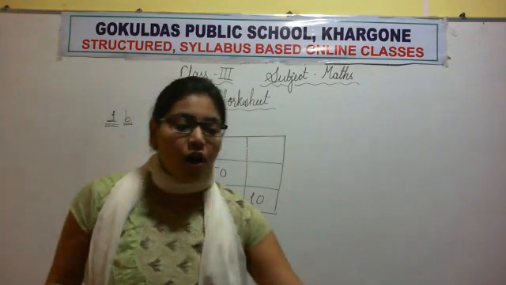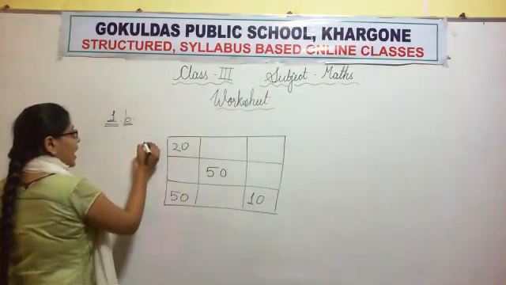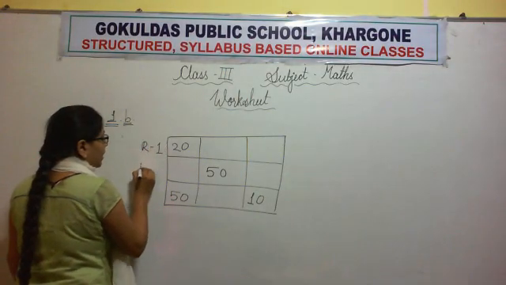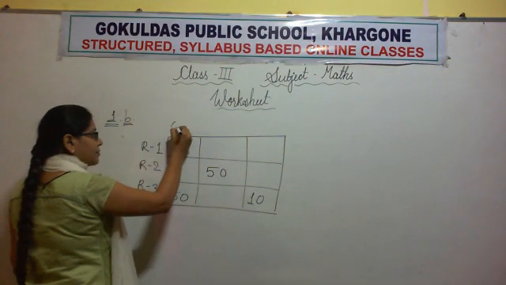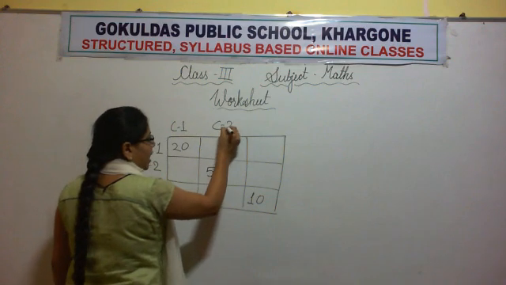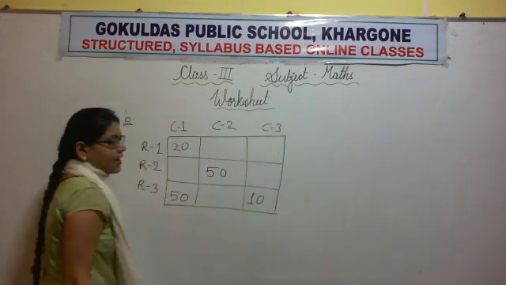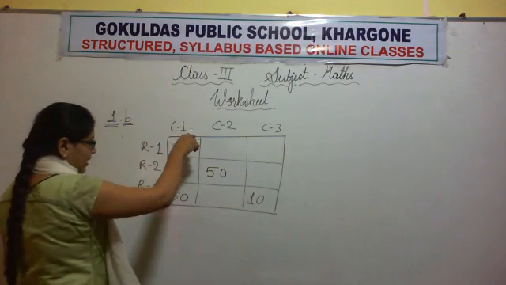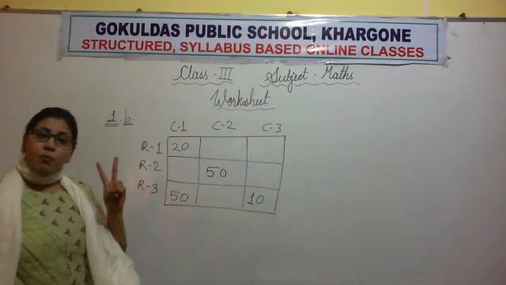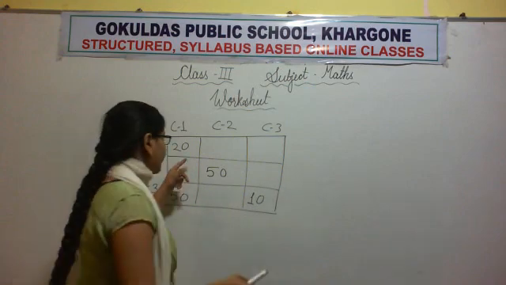So for solving any row or column, minimum 2 boxes must be filled. So check which row or column is having 2 boxes filled. Yes, this column 1 is having 2 boxes filled, so we can solve this one.